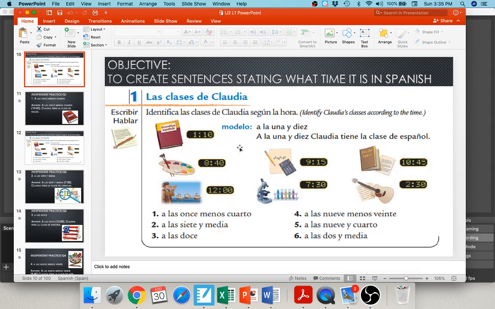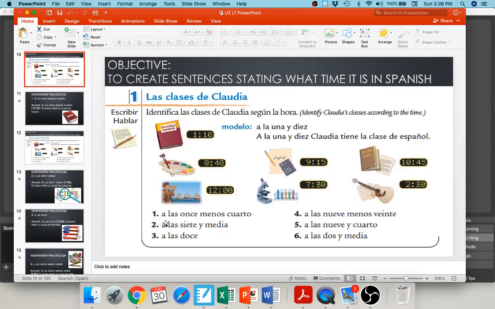For all other classes, we are going to use a las and a number, okay? In this case, we are using the verb tener, which means to have, to say at what time Claudia has a certain class.